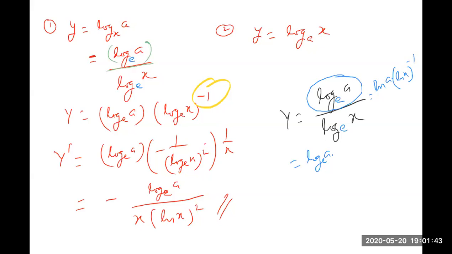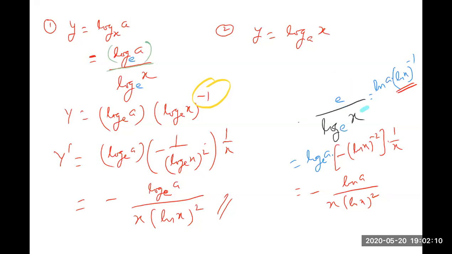So I will differentiate this part only. So this is n, minus 2, into the derivative of log x, which is 1 upon x. So this is minus log a upon x log x square. I hope you understood, everybody, now. So Manas, I think your answer was wrong.